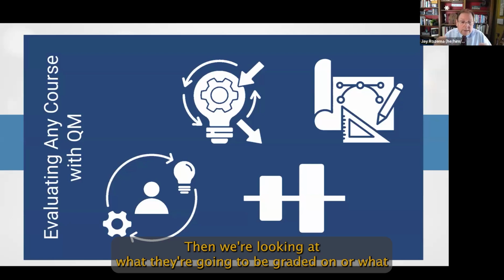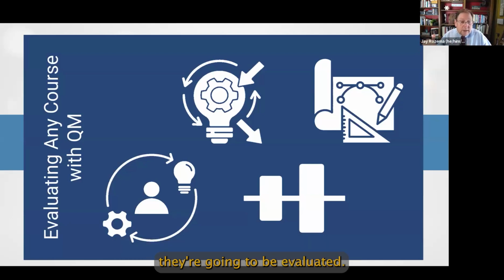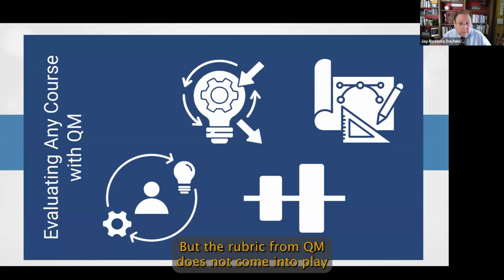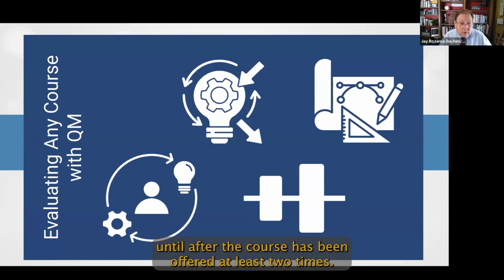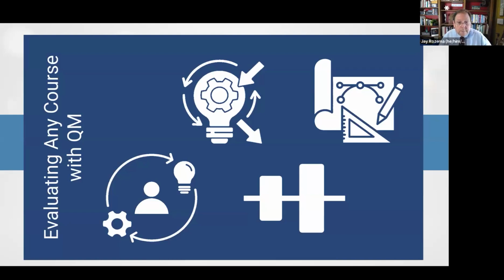We're looking at what they're going to be graded on or evaluated on. But the rubric from QM does not come into play until after the course has been offered at least 2 times. So it's a reflective tool, not a prescriptive tool.